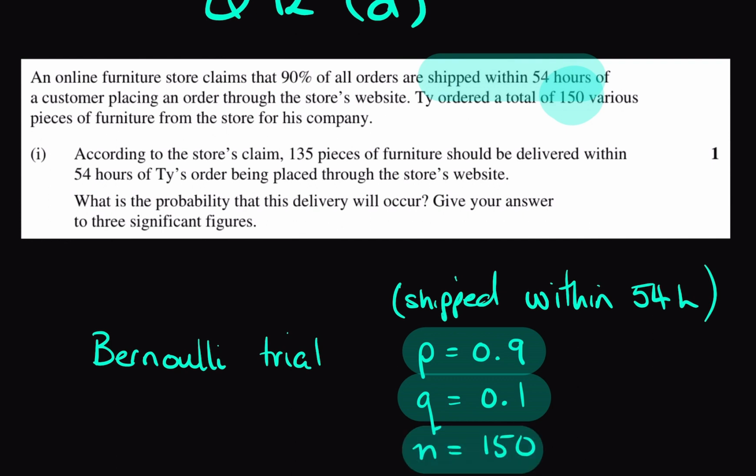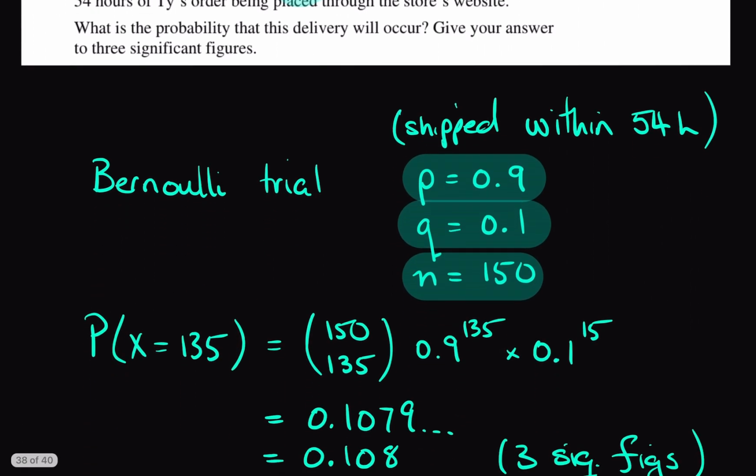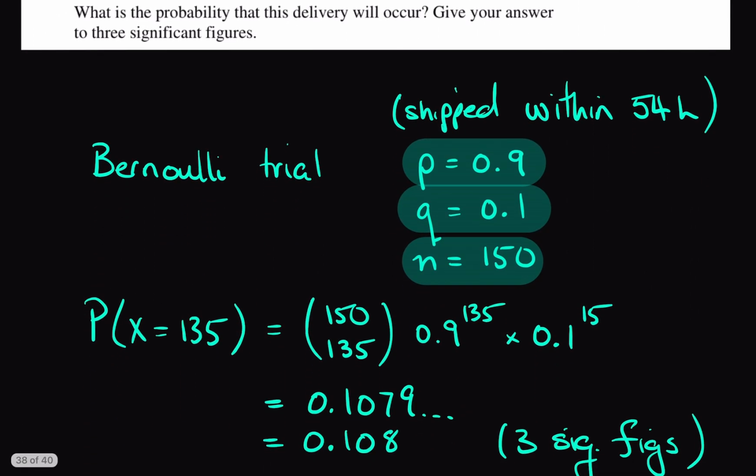In part 1, we've got 135 pieces being shipped within the given time. So to find the probability that we have exactly 135 successes, we need to use our combinatorics. In order to have exactly 135 successes, it means we must have 15 failures.